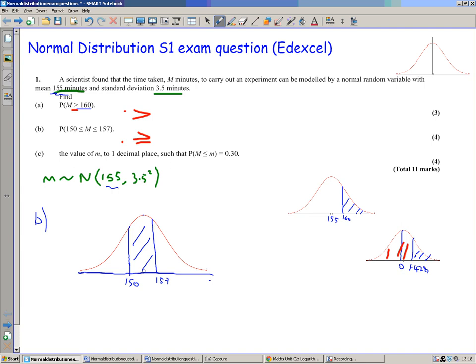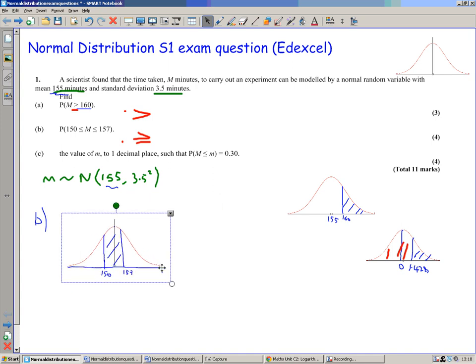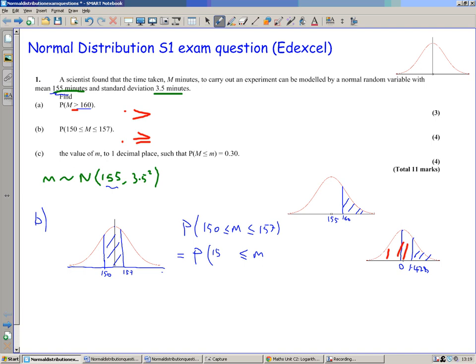Effectively. Okay, like we did before, we will change it to the Z. So the probability that our value of M lies between 150 and 157 is exactly the same as the probability that Z lies between (150 minus 155) over 3.5 and less than or equal to (157 minus 155) over 3.5.